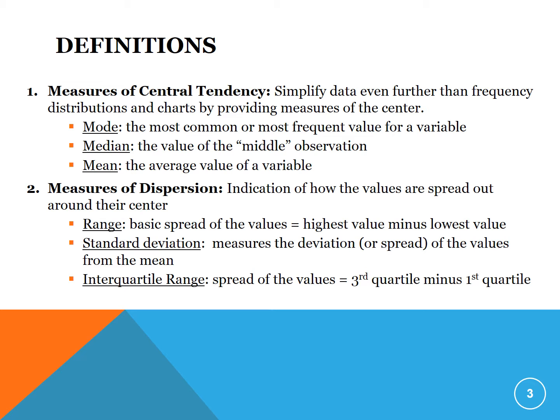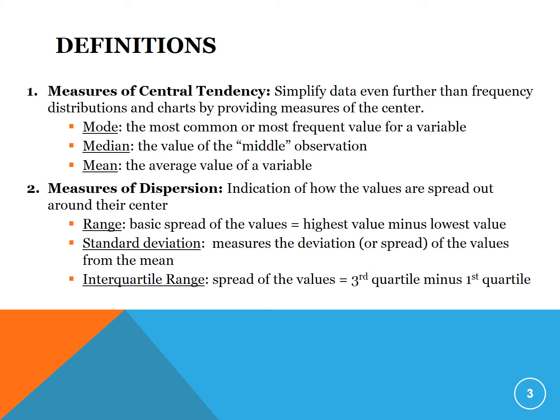It's an indication of how the values are spread out around their center. So the range is one type of measure of dispersion, and essentially it is the highest value minus the lowest value. That is the range, going from top to bottom, left to right, however you want to look at it. That's our range. That's the basic, most simplest form of spread that we can measure in statistics.